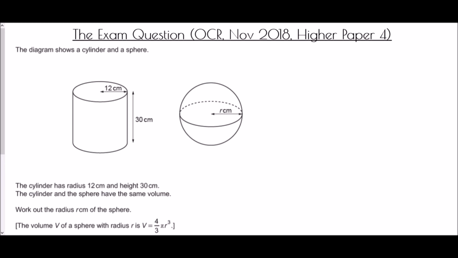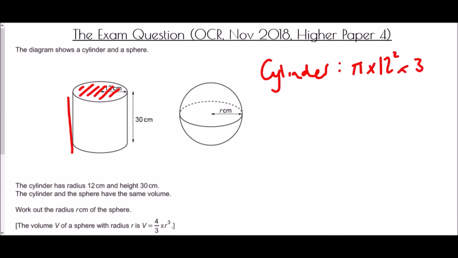So the first thing we need to think about is, how do we find the volume of a cylinder? Well, a cylinder is like a prism, therefore we need to find the area of the cross section and multiply it by the height. So for the cylinder, this is going to be pi times 12 squared times 30.